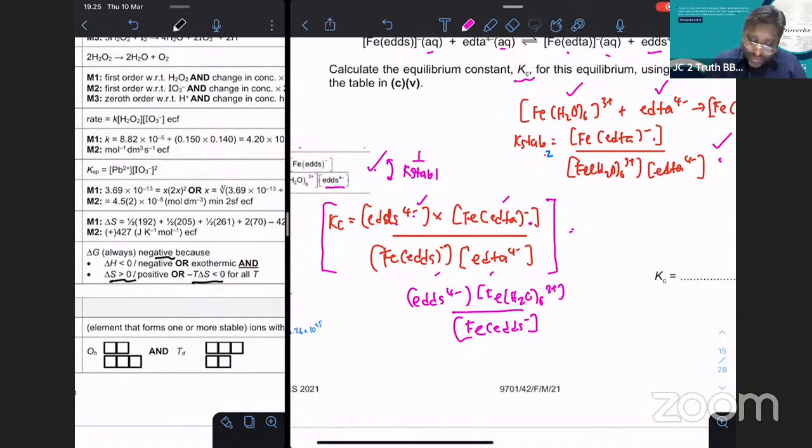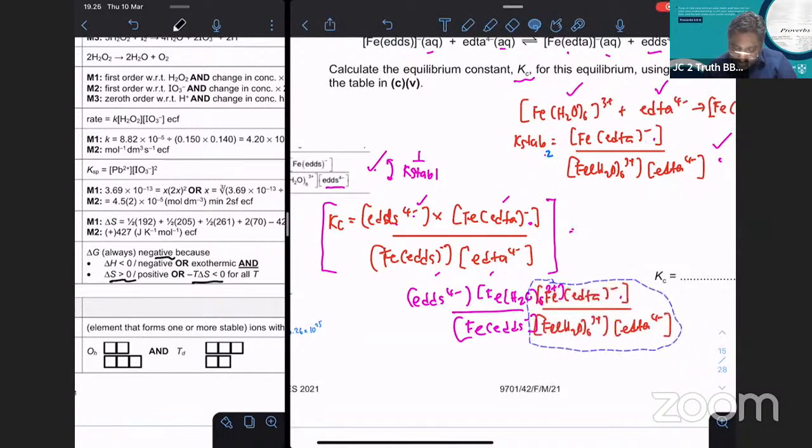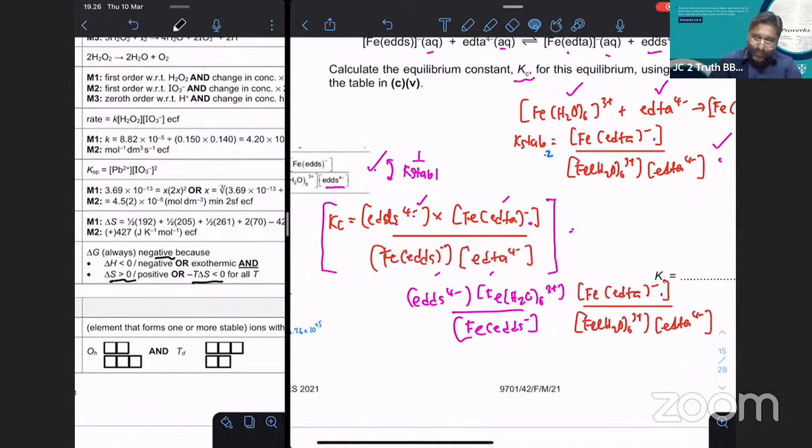So what I do, I just select this and I try to multiply these two. When I multiply these two, you will see something. This value will cancel with this.